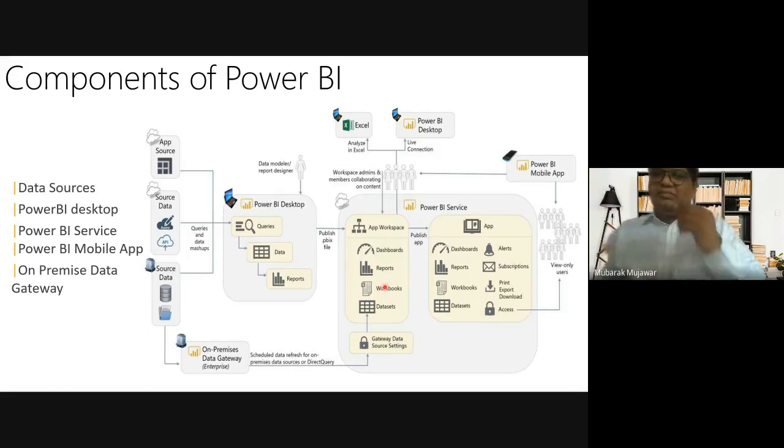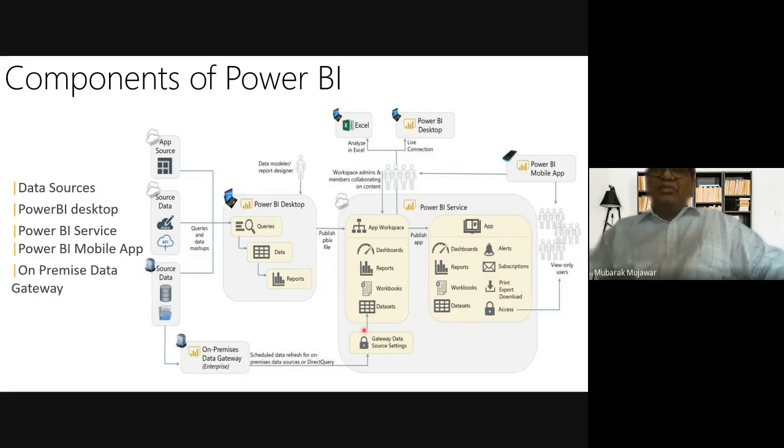All those things can be done in the app module. So you have the app workspace where you develop your app, and once it is developed, you can publish it and use it for different applications.